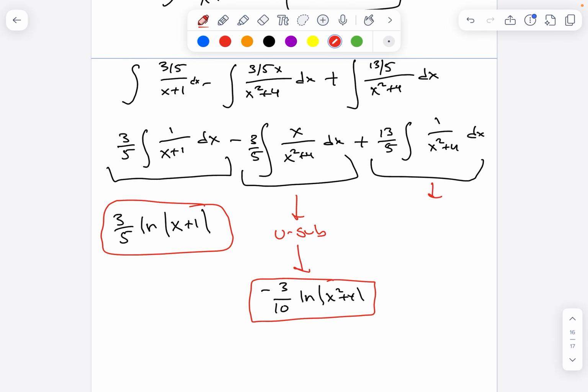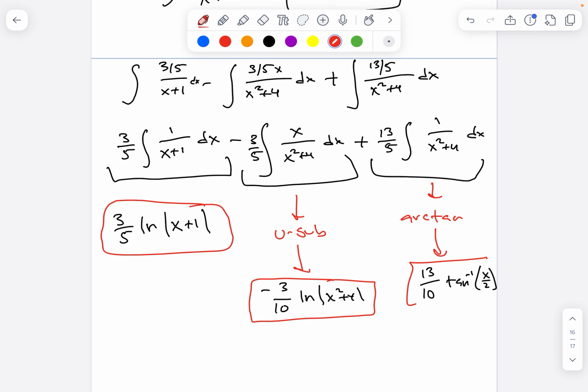And then our third integral is similar to the arctangent formula. If you're not well aware of this, please check out your integral formulas. So this turns out to be 13 over 10 tangent inverse of x over 2.